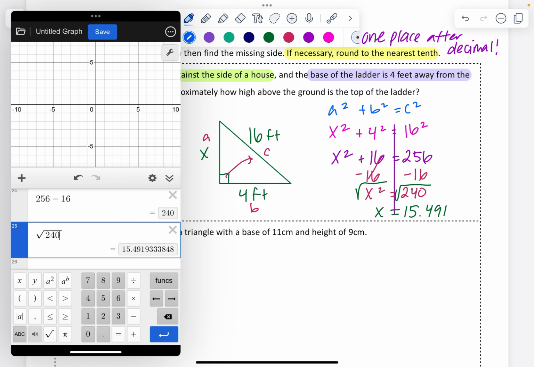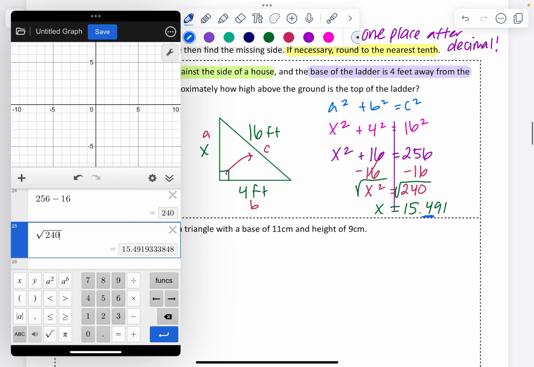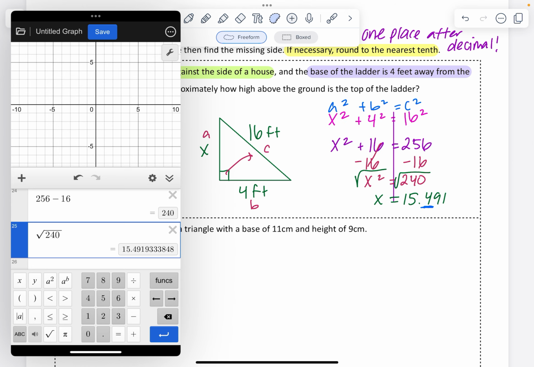So I'm going to look at the 4. I have to see if I'm rounding up the 4 or not. Let me move some of this up. I'm looking at the 4. I'm going to look at the number right next to 4. 9 is higher than 5, so I'm going to round up the 4. We should get 15.5 feet. That's the answer, 15.5 feet.